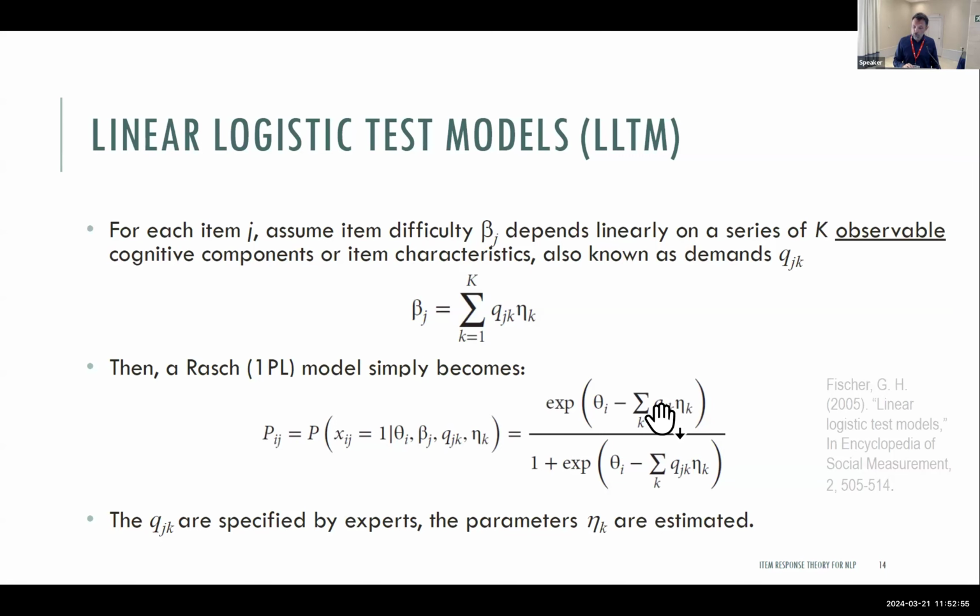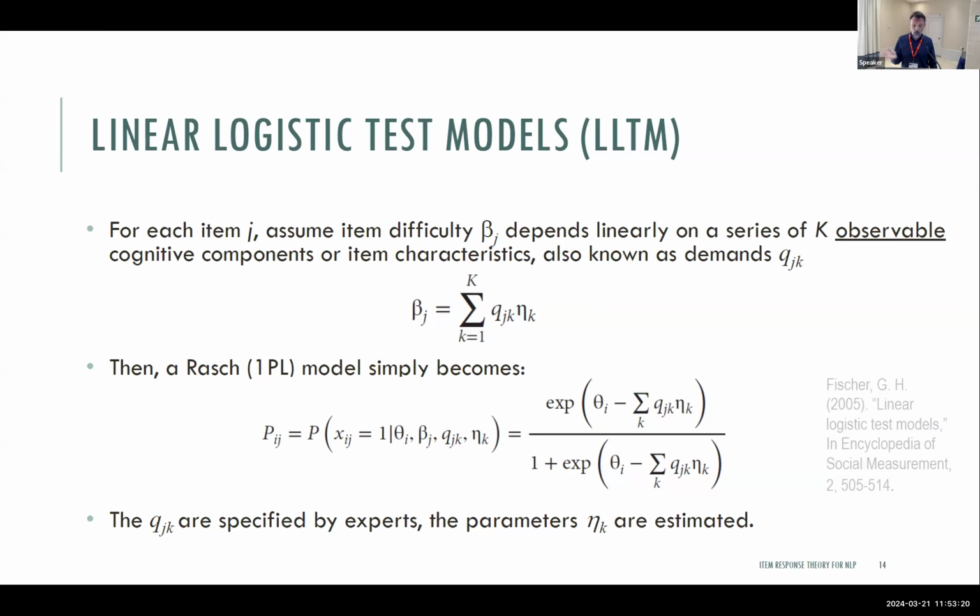So these are the q values, and what you need to learn is this thing here, and then you only have one ability per model. Basically you think that difficulty is a linear combination of these things, and you need to learn the parameters, the coefficients.